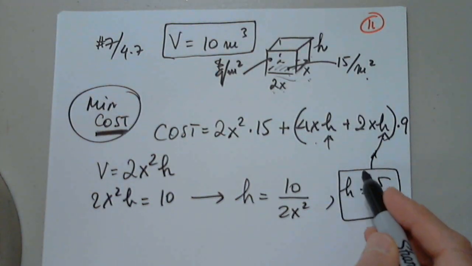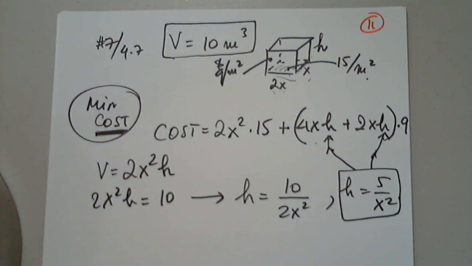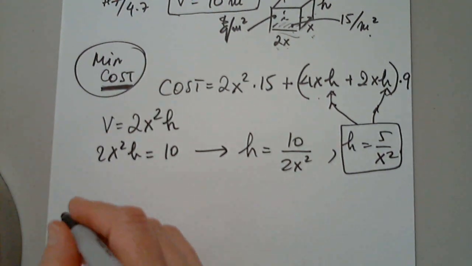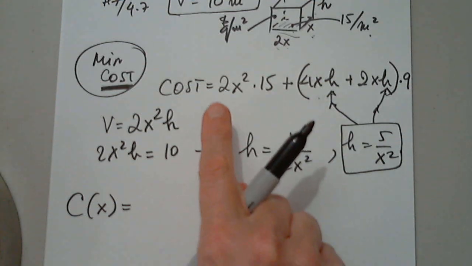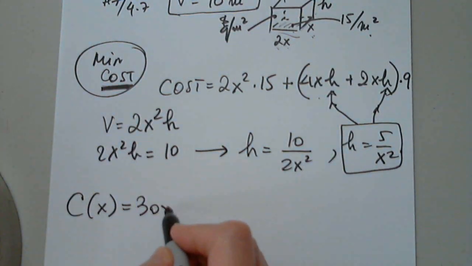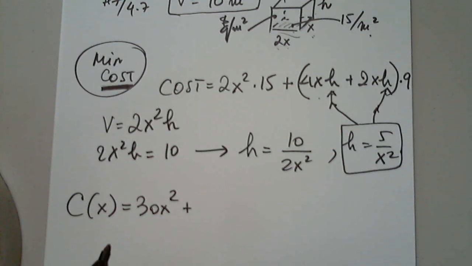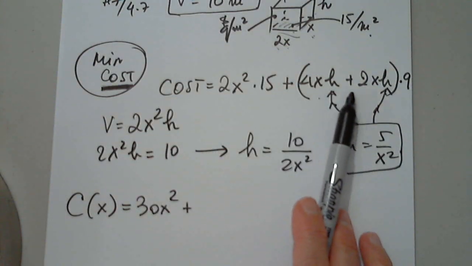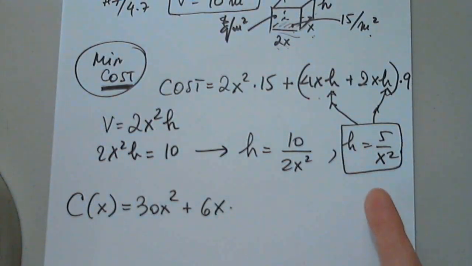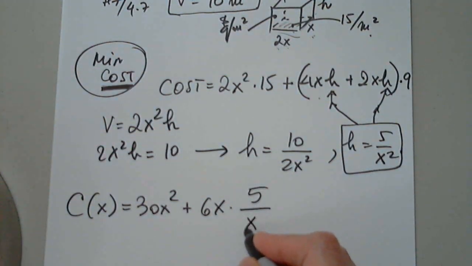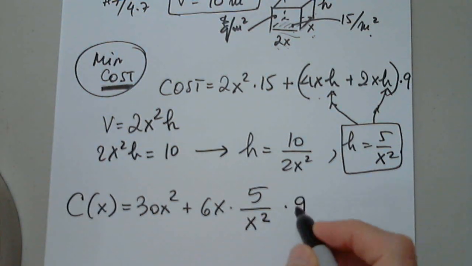And this will go in here. So now the cost is indeed a function of x only. 30x squared plus 4xh plus 2xh is 6xh, 6x times h, times 9.